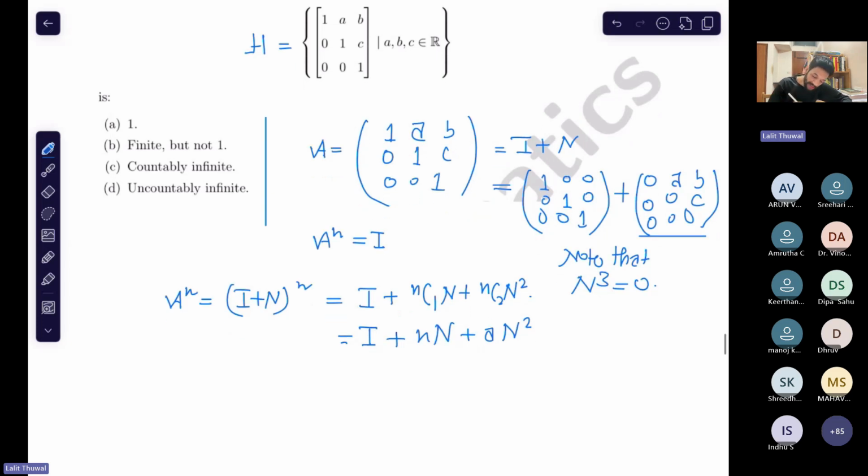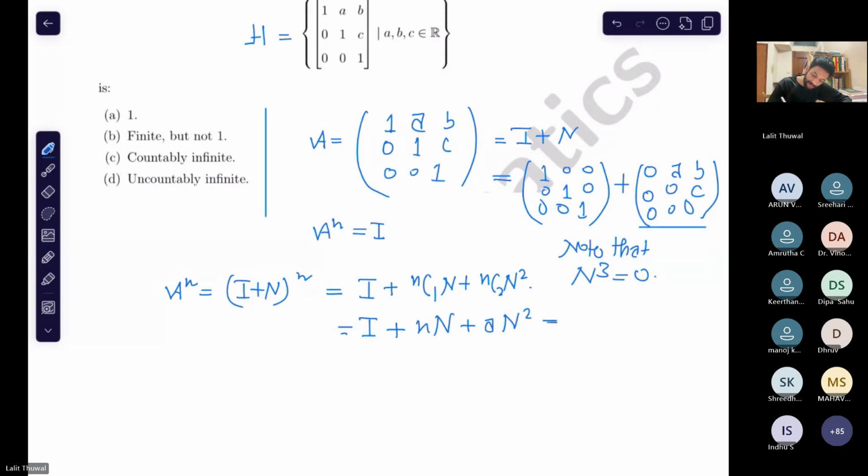We want a to the power n to be I, right? Now can you yourself do the calculation and let me know when it can be equal to I?